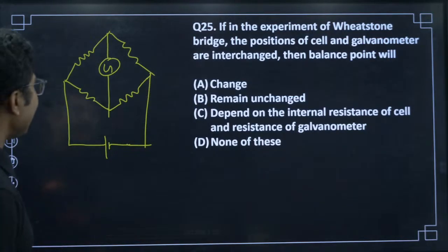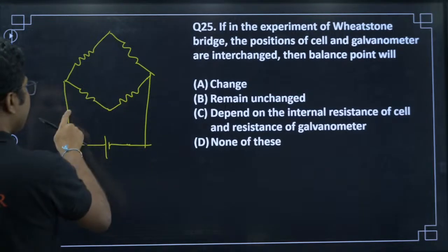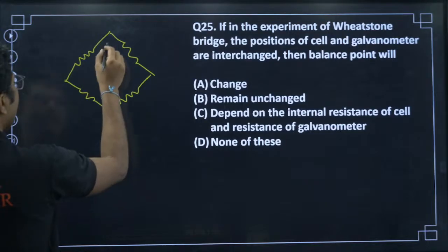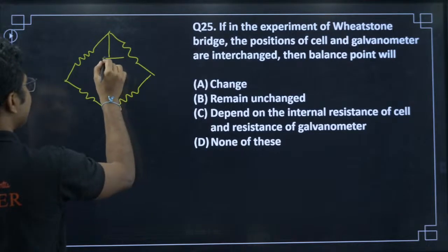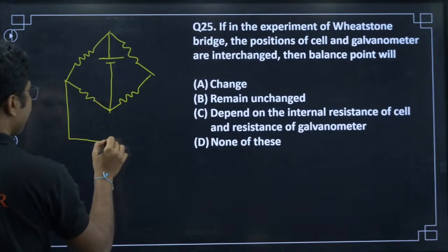They are asking what will happen to the balanced condition if we exchange them, connecting the cell over here and the galvanometer over here.